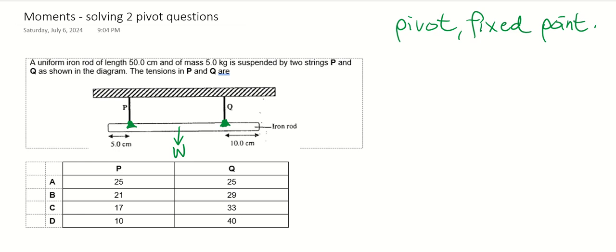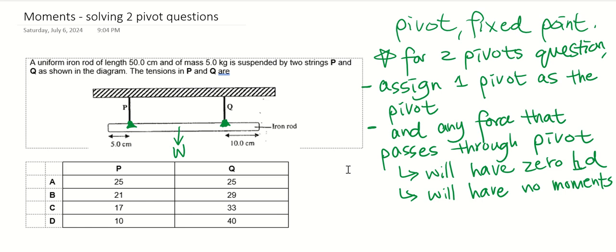To solve this kind of question, it is important to know that for a two-pivot question, firstly you assign one pivot as the pivot. Later on I'll be assigning either P as the pivot or Q as the pivot. So only assign one pivot as the pivot.